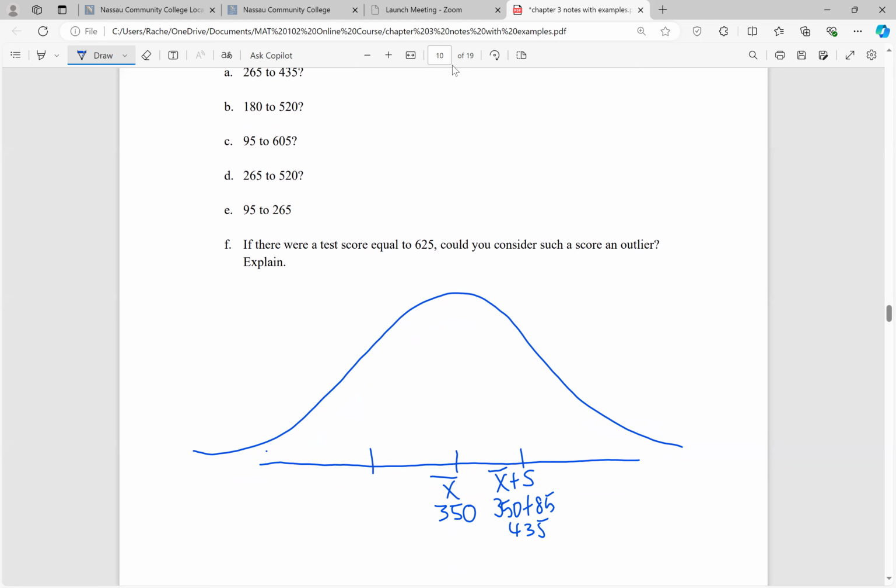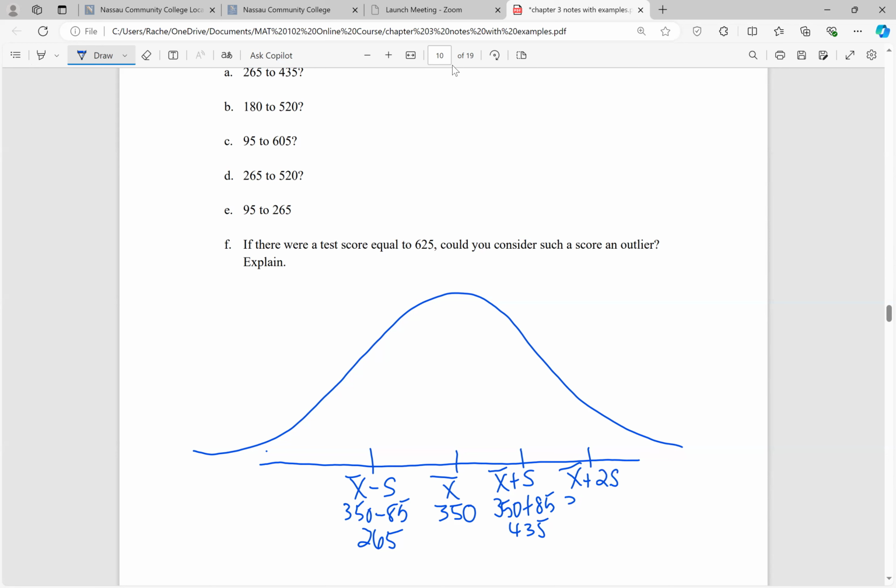Now, what if I took the mean and I subtracted S, or one standard deviation? So what if I took 350 and I subtracted 85? We're going to get 265. Now, what if I added and subtracted 2 standard deviations from the mean? So what if I took the mean and I added 2 standard deviations, or 2 sets of S?